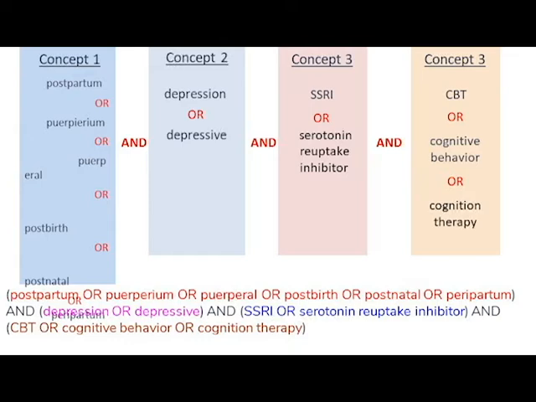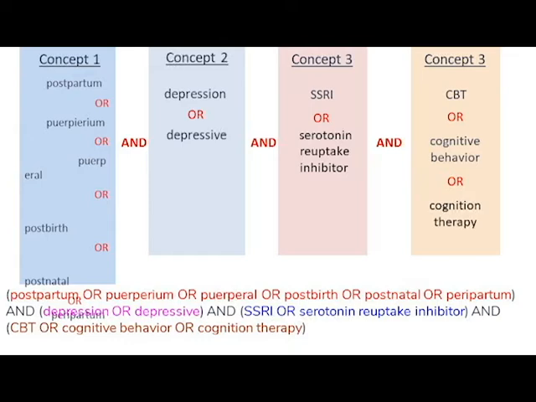But you're combining those with or because you want postpartum or puerperium or puerperal, but then you want to intersect that with concept 2, using and. Now I'm going to show you something here. What I've done here is I've put brackets in there.